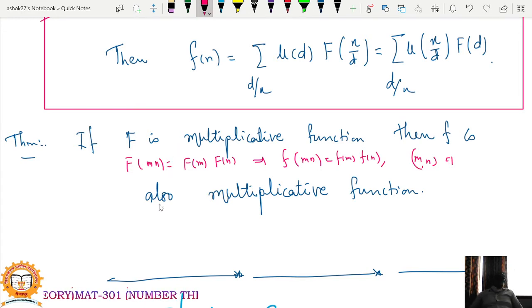So this is one property. So this is about the Mobius function and the Mobius inversion formula.